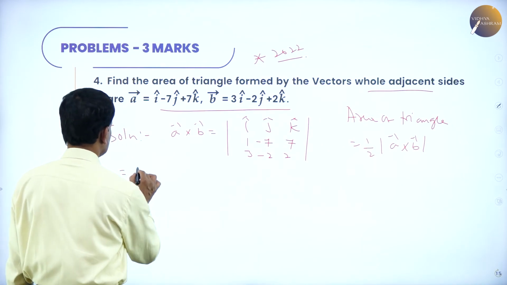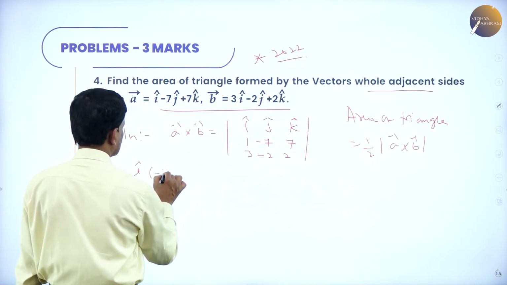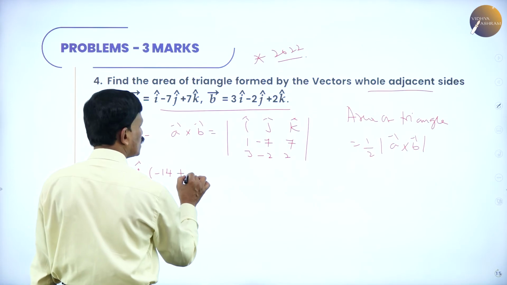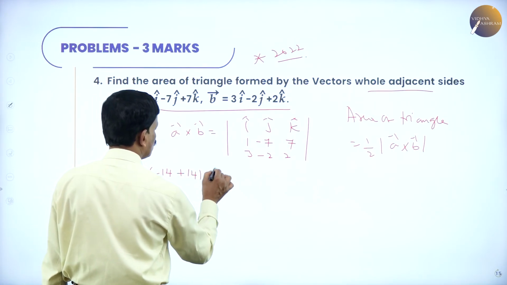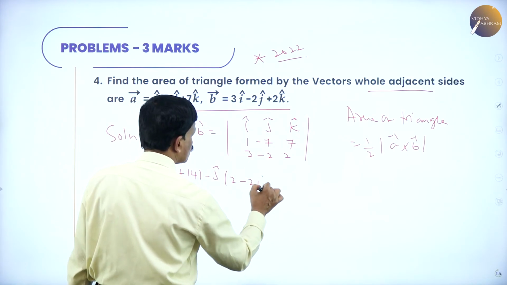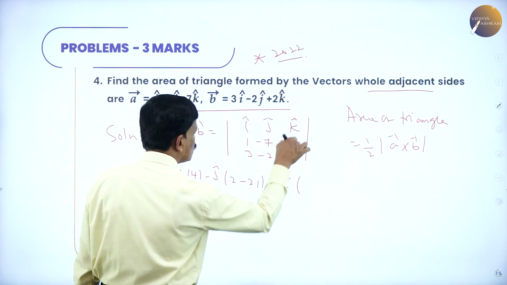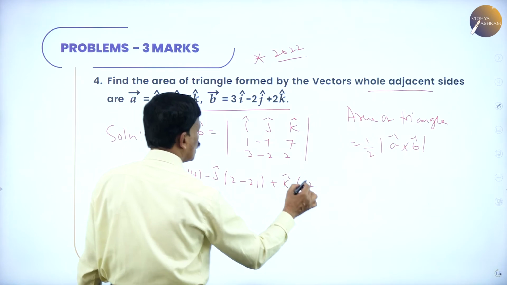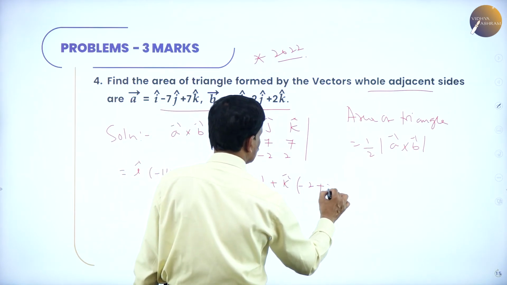This is equal to i into minus 7 2s are 14, minus into minus plus 7 2s are 14, minus j into (this row and column is gone) 1 2s are 2, 7 3s are 21, plus k cap into (this is gone) 1 2s are 2, minus into minus plus 7 3s are 21.